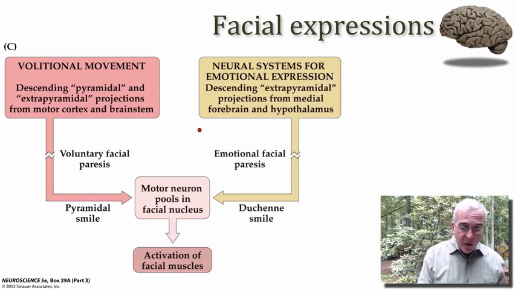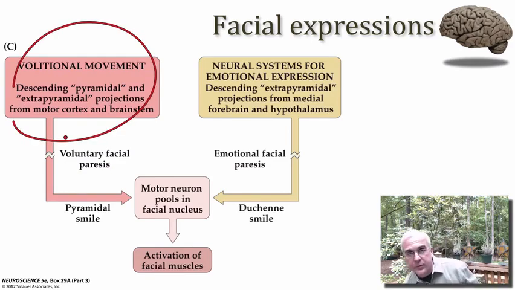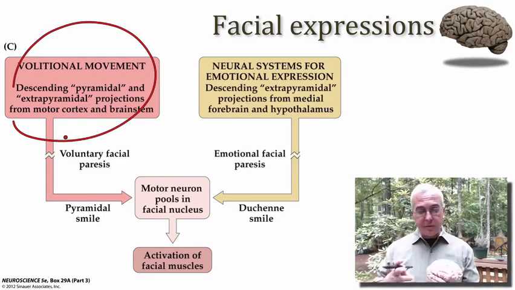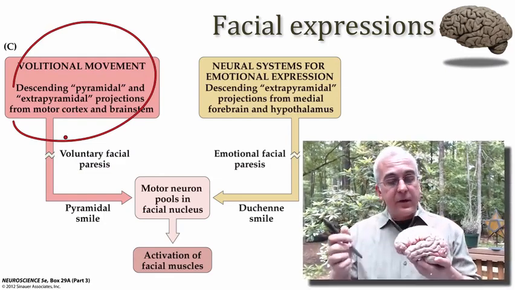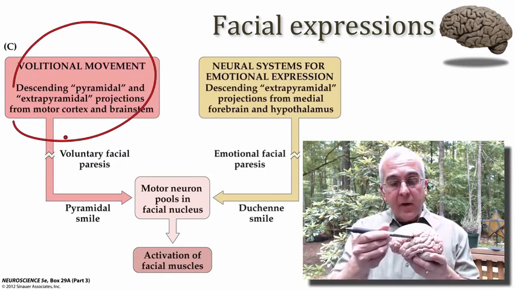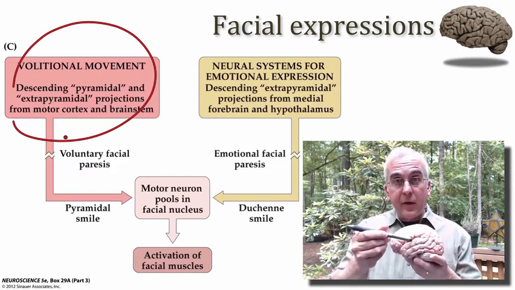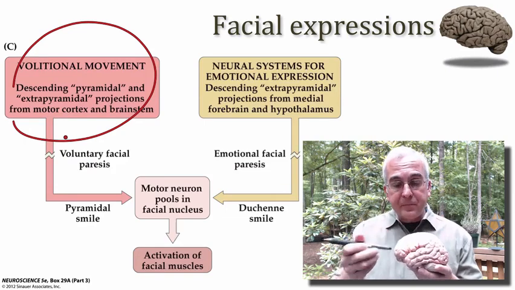What you were doing was activating your volitional motor systems, which pertains for control of the face to the lateral aspect of the precentral gyrus, where the command centers governing the movements of the lower part of the face are found.